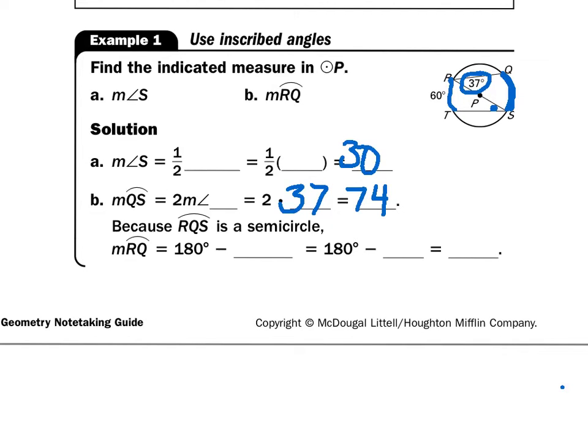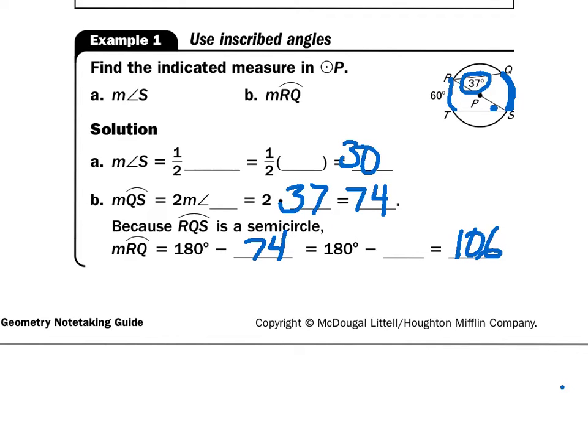Now, because major arc RQS is a semicircle, then R to Q equals 180 minus 74, and that is 106.